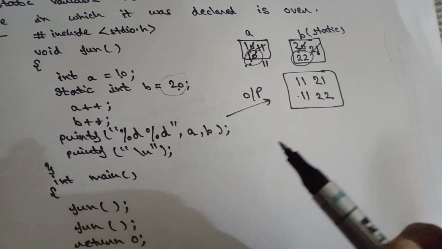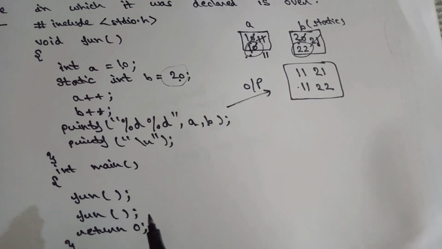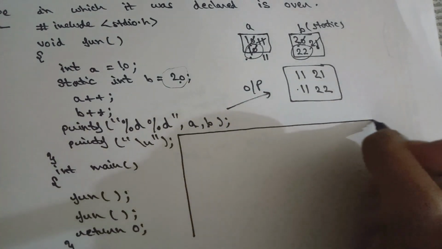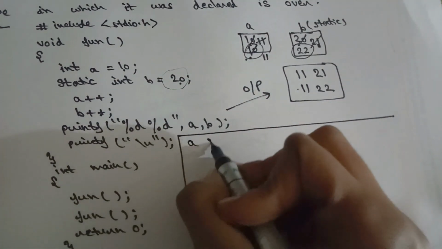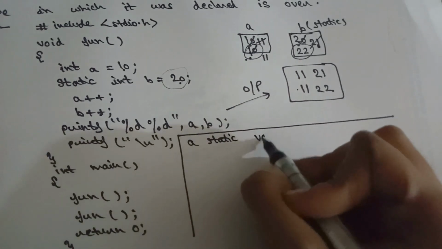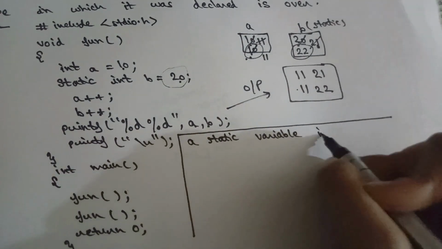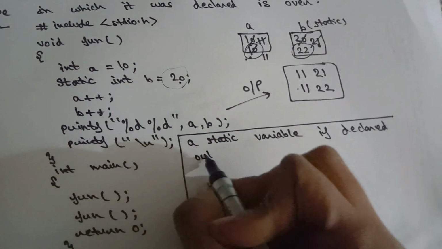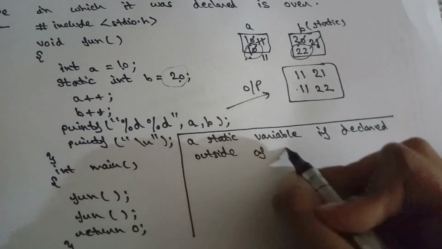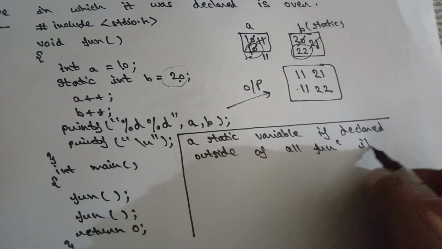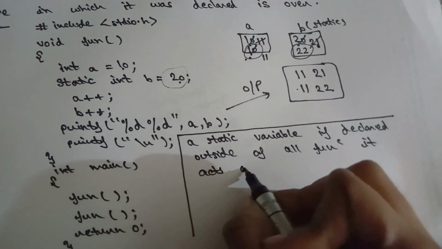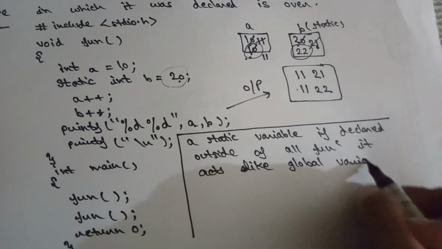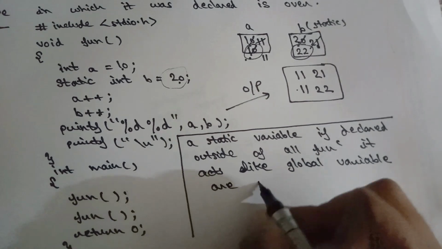Now let's have a look at the main points for a static variable. I can write it here. If a static variable is declared outside the scope of all functions, it acts like a global variable. And as you know, global variables are initialized to 0 by default.